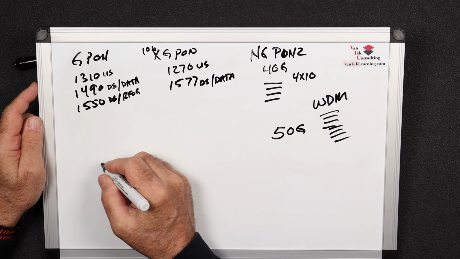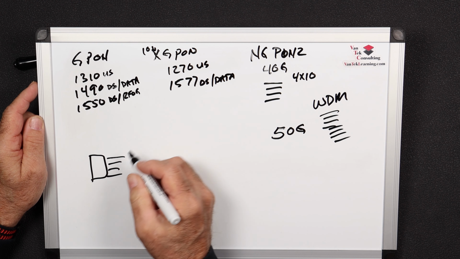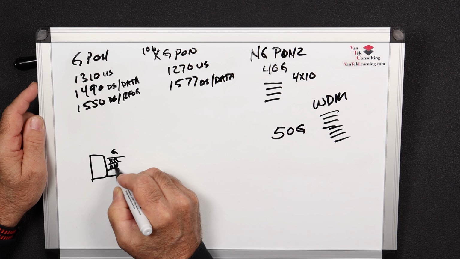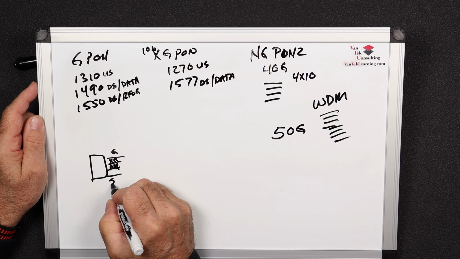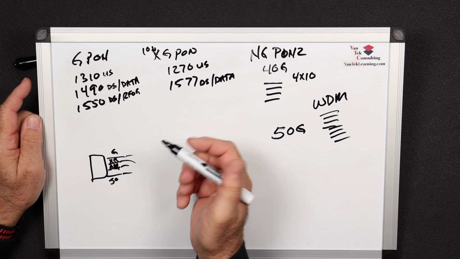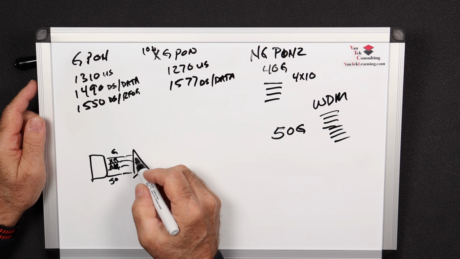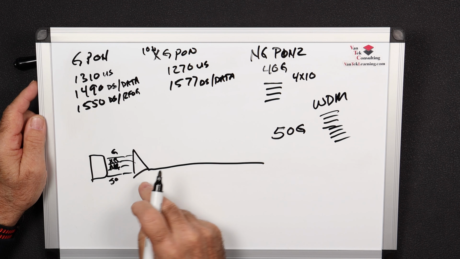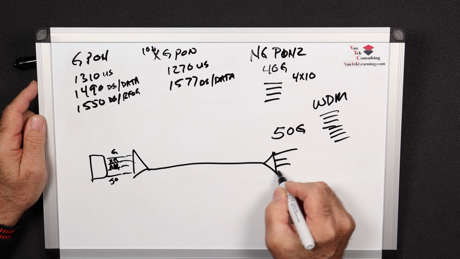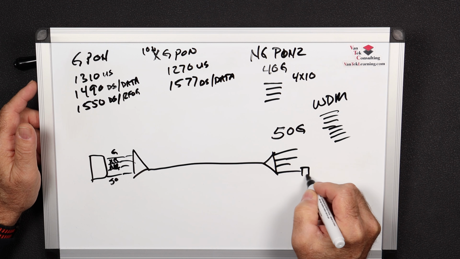And how this looks is you have your equipment down here, and this is putting out the different technologies, the GPON, the XG, the NG, we'll call it kind of squishy here, 50. Okay, so we have our 4 technologies, or 5, whatever, and those are going into a mux, let's call it, a multiplexer, which muxes them down onto a single fiber. And at the far end, we have our 4 fibers going out to our customers, right?